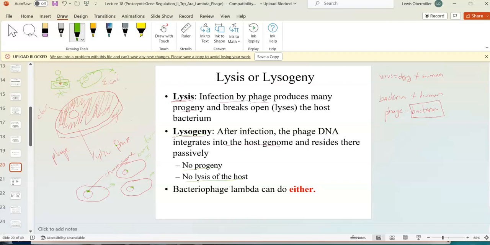So those are the two ways. There's a lambda phage that usually infects E. coli. This is the virus, this is the host. This is the bacteria, this is the virus phage. So that bacteriophage can do either. It can be lysis or lysogeny.